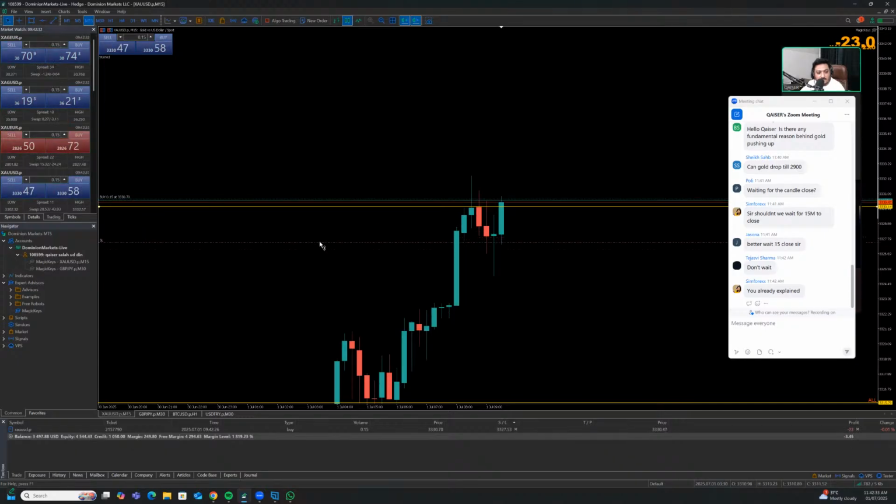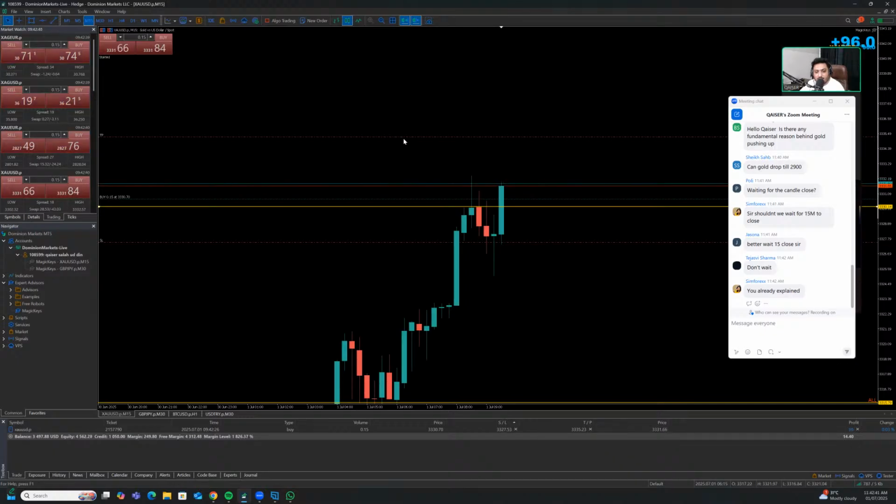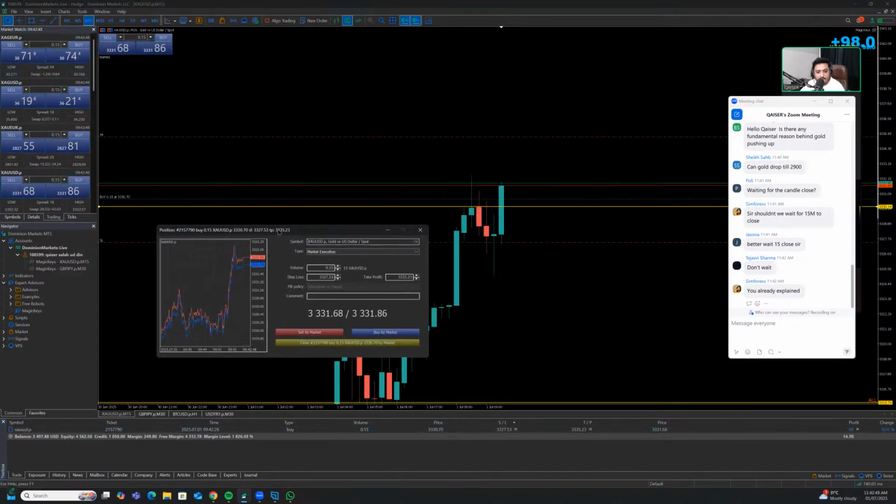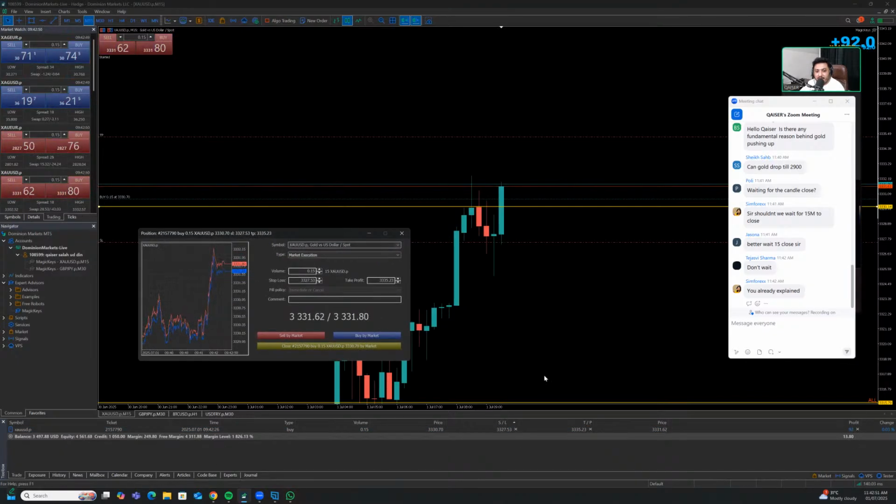Here could be the stop loss. And TP should be somewhere here. Wow, beautiful. Should be continuously pushing upside. Depending on the volume.